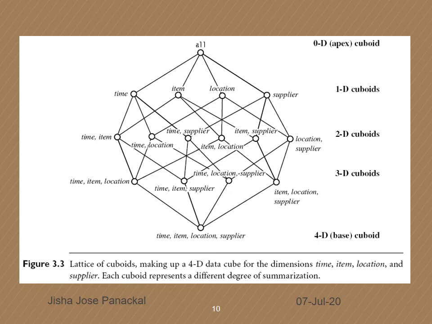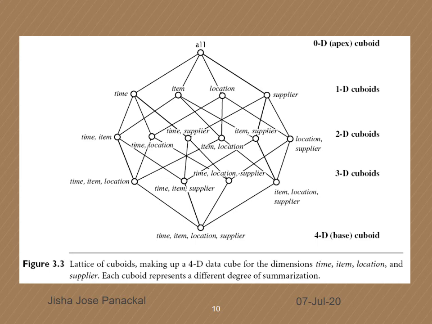So these are the 2D cuboids, and we can see the summarization data based on time only, or item only, or location only, or supplier only. So that is the 1-dimensional cuboid.